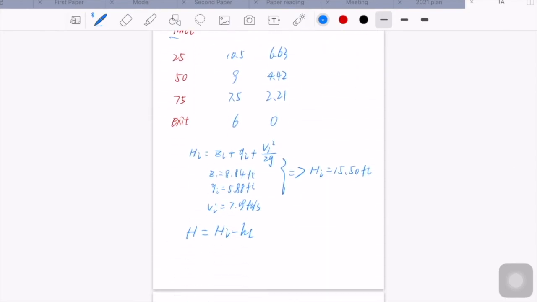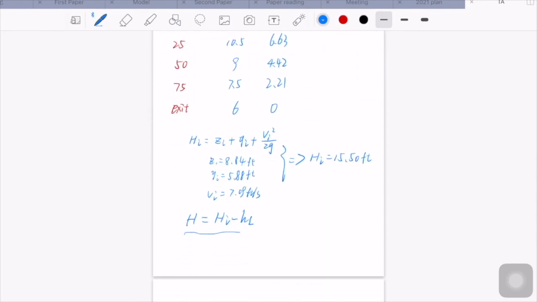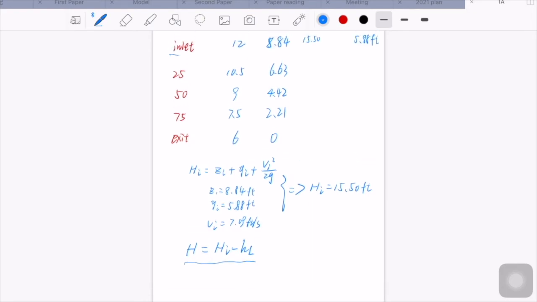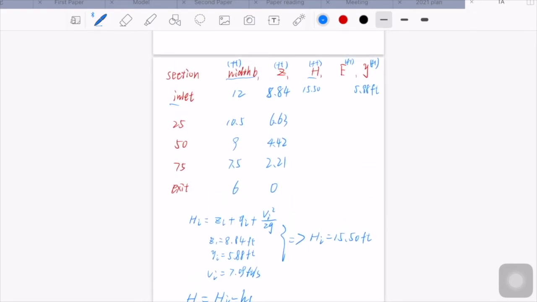And then we use HI minus the head loss, so we can get the energy head for the other sections.